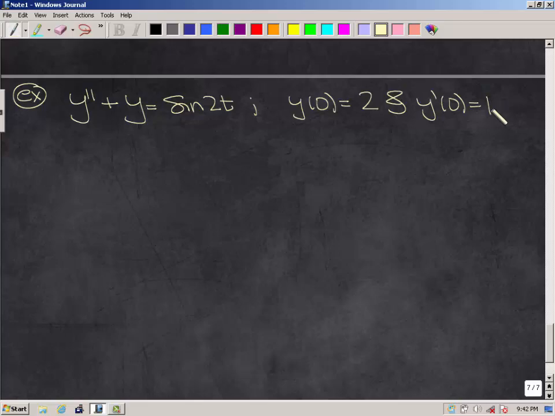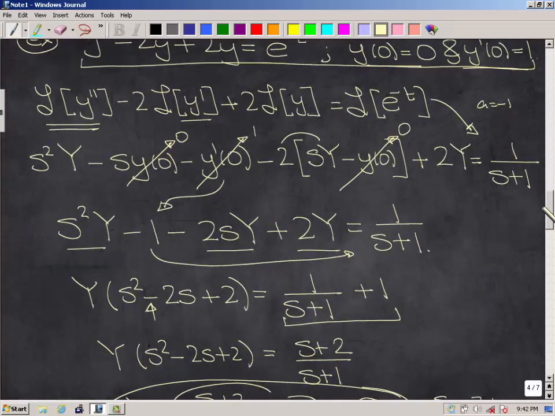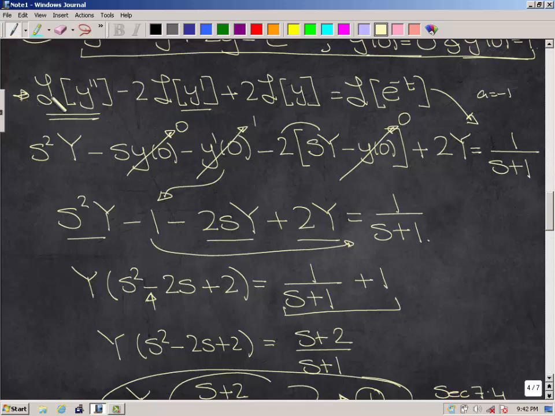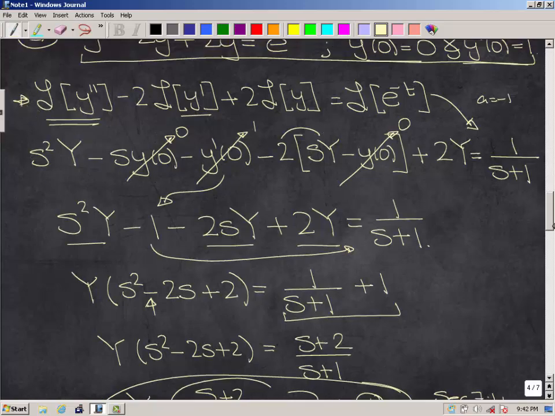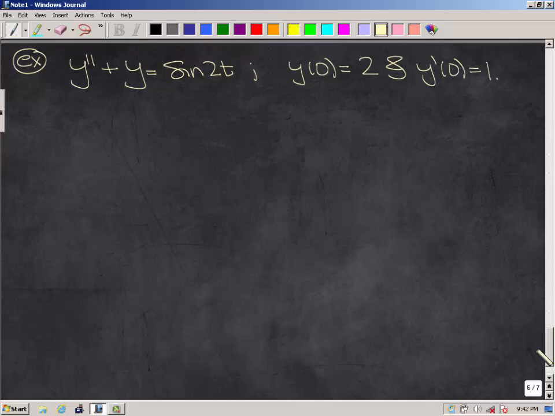Okay, all right, so let's take a look at it. Last time I went through all the detailed steps, right? I showed you how we took Laplace transforms on both sides. I'm going to skip a few steps out here. The first thing I'm going to do is take the Laplace transform, and I just want you to show it. Just put that squiggly L so I know that's what you're doing.